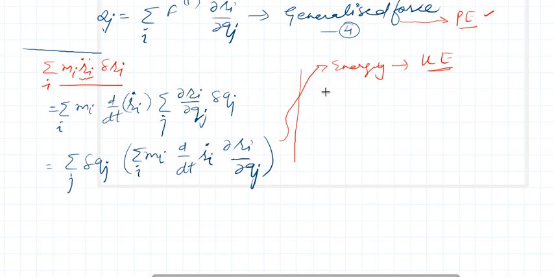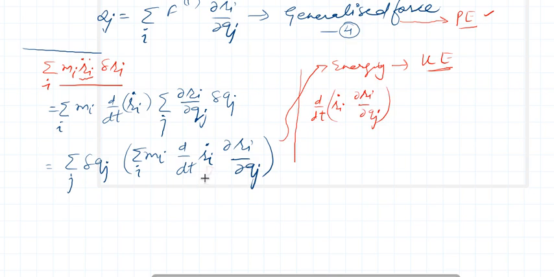So for this, first of all, let us consider, because this is like a product rule sitting here, let me do a little mathematical trick. d by dt of ri dot curly ri by curly qj.